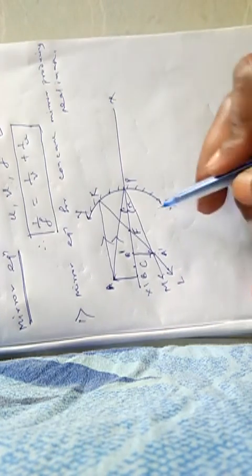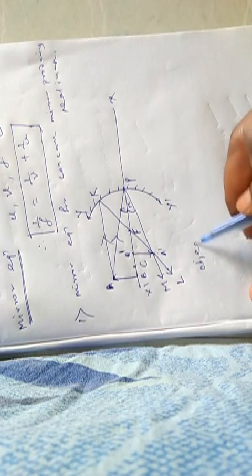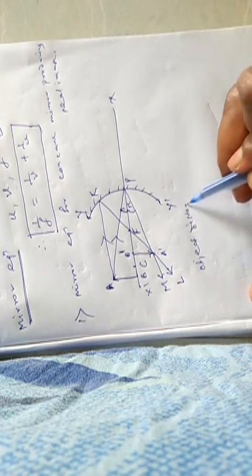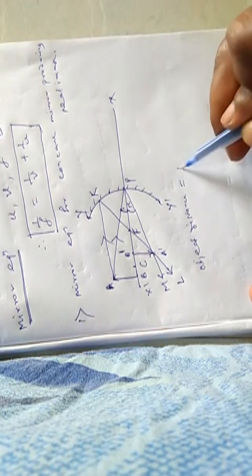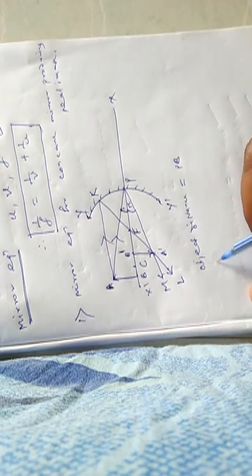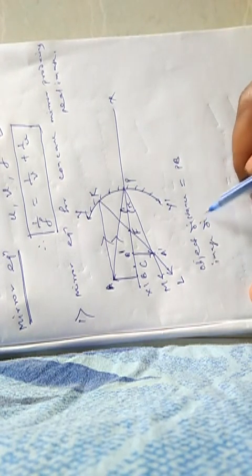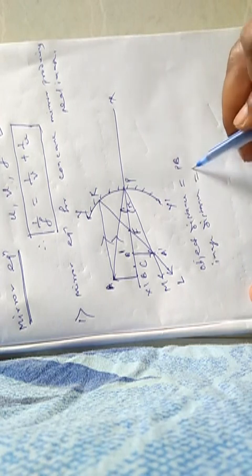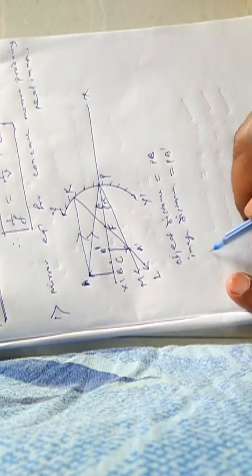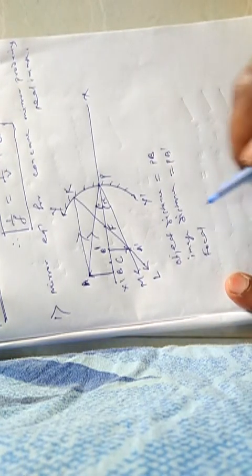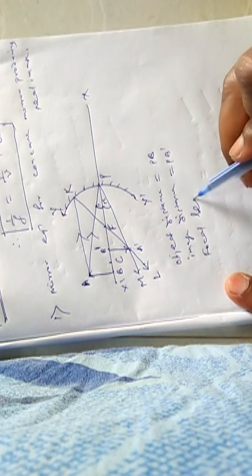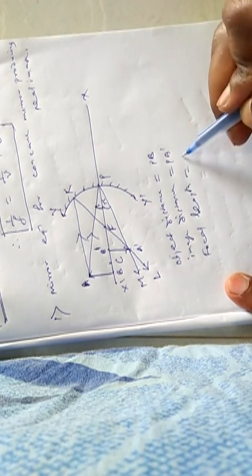Here the object distance is equal to PB, the image distance is PB dash, and the focal length is equal to PF.